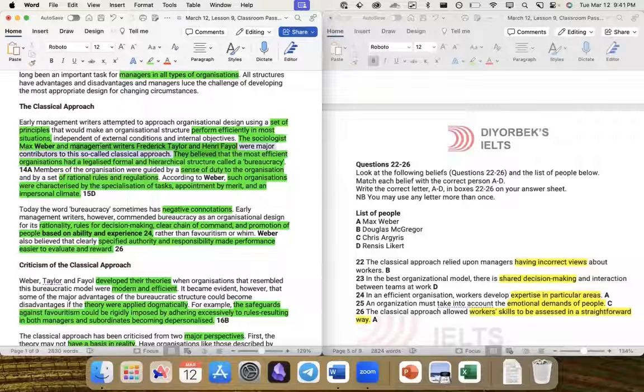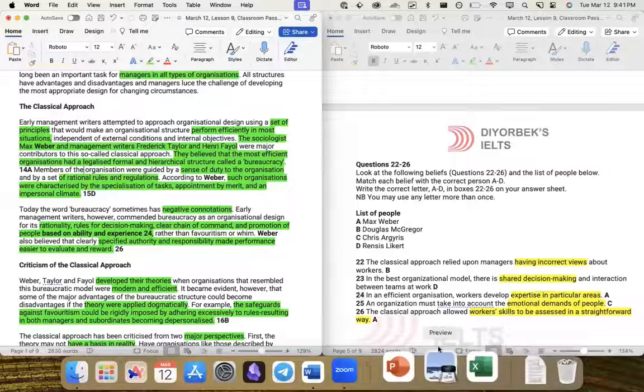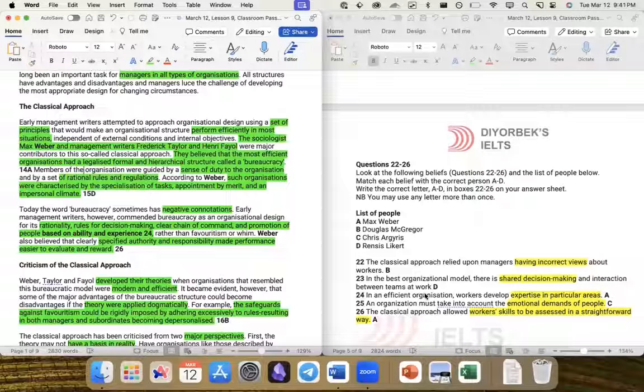The most efficient organizations had members of the organization. So most efficient, or inefficient organization. I think that's the only one that fits. The other answers don't fit. All right.